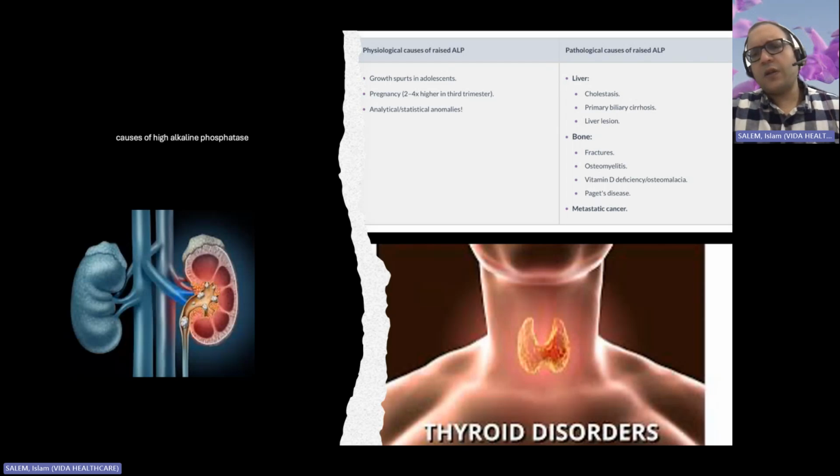Okay, so what I mean by isolated rise of alkaline phosphatase is that if you did a blood test for a patient and you find that the bilirubin is normal and the transaminases are normal, including ALT and AST. Please be careful that AST in some centers is not part of the liver function, so you might need to order it in a separate request.